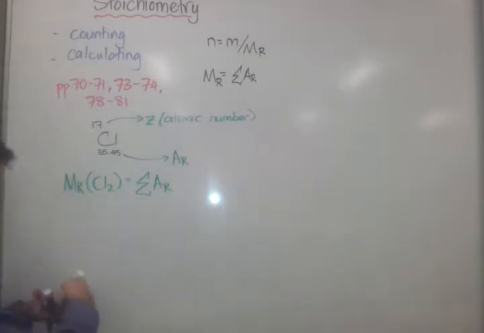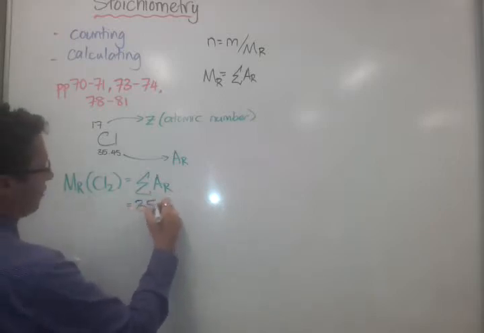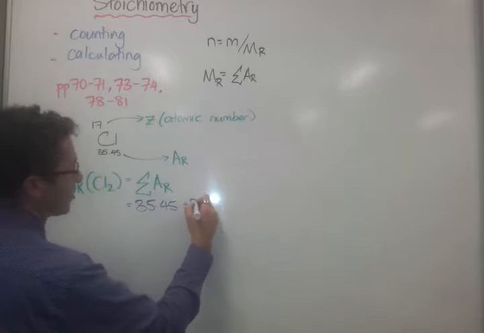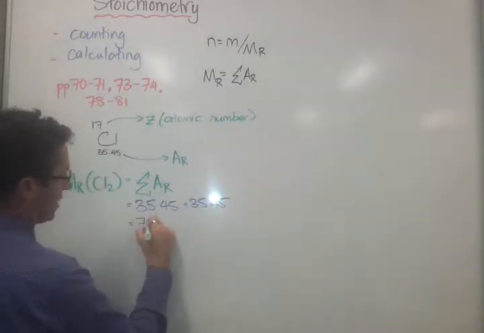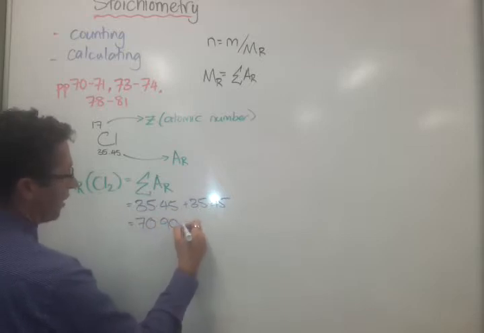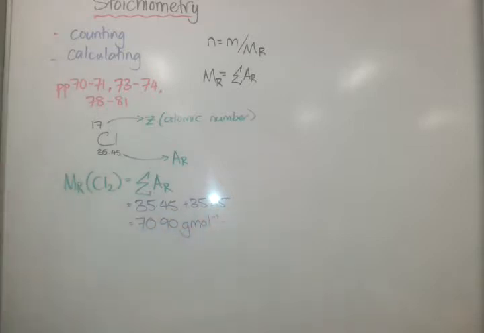That means I'm going 35.45 plus 35.45, which equals 70.90. And it does have a unit, grams per mole. So that is the mass in grams of 1 mole of the stuff. Have I done my maths right? Yes. So this is the molar mass of chlorine.